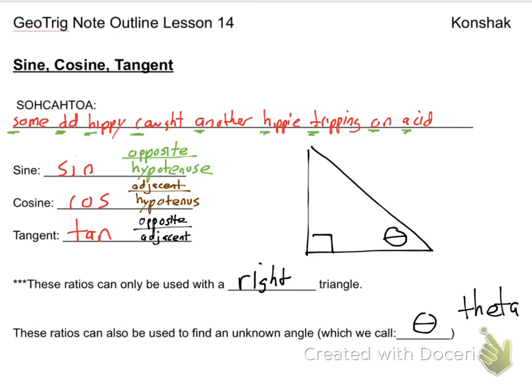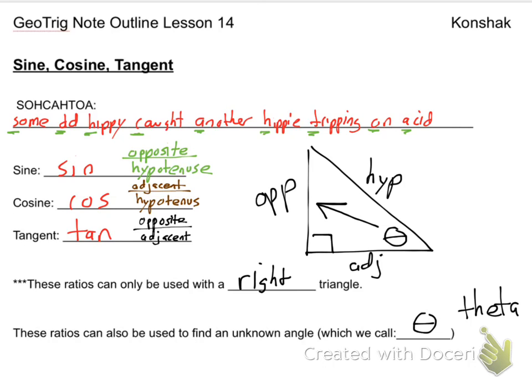Now, if I'm at that theta, opposite, guys, is here. The longest side, which is opposite 90, is always the hypotenuse. And the one that's right next to it is the adjacent. On the next slide, I'm going to show you that that's not always going to stay that way.